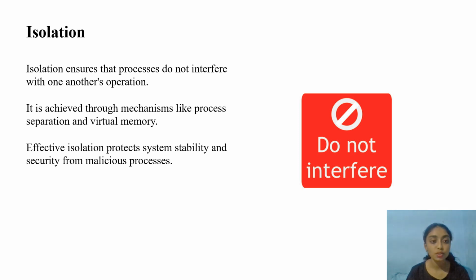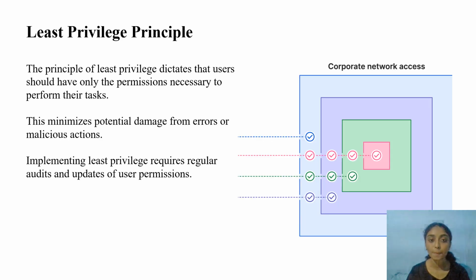Isolation. Isolation ensures that processes do not interfere with one another's operation. It is achieved through mechanisms like process separation and virtual memory. Effective isolation protects system stability and security from malicious processes. Least privilege principle.